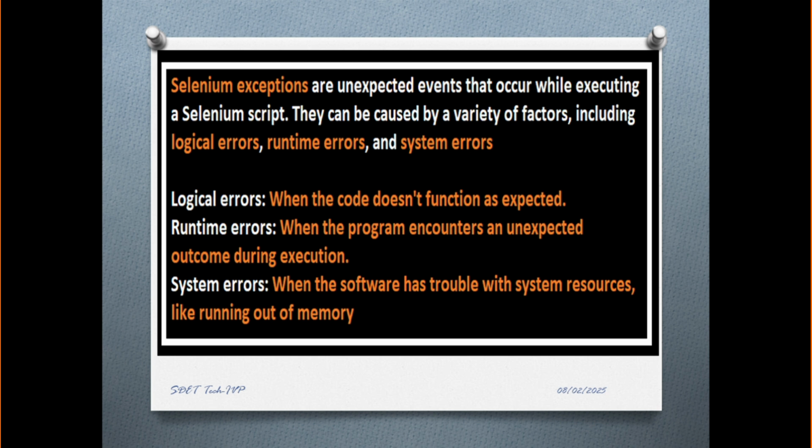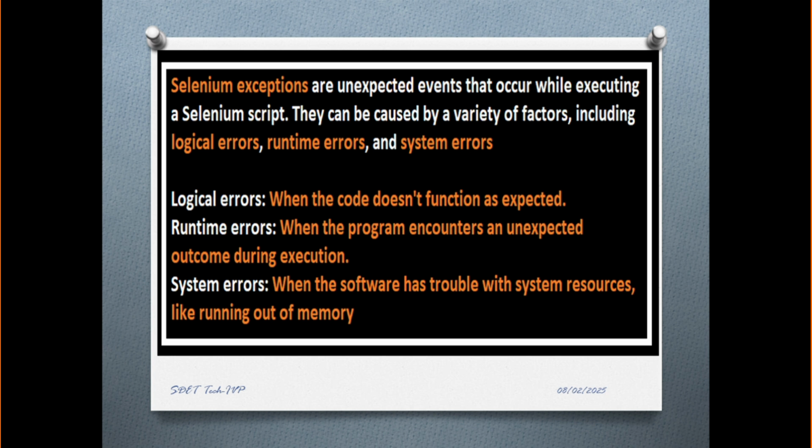The logical error is when the code doesn't function as expected. The second one, runtime error, is when the program encounters an unexpected outcome during execution. Your program is executed, but at that time you are facing some error, or there is some challenge with your script.